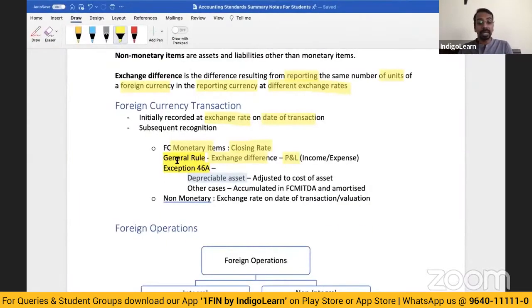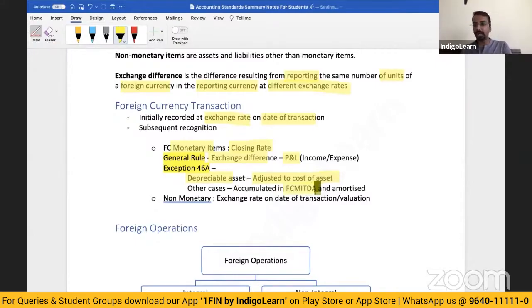So exchange differences in respect of a depreciable asset, if the entity chooses, we can adjust it to the cost of the asset. In other cases, meaning where there is not a depreciable asset, it may be a non-depreciable asset, or it may be some other item presented in the balance sheet, in that case you will accumulate it in the FCMITDA account.